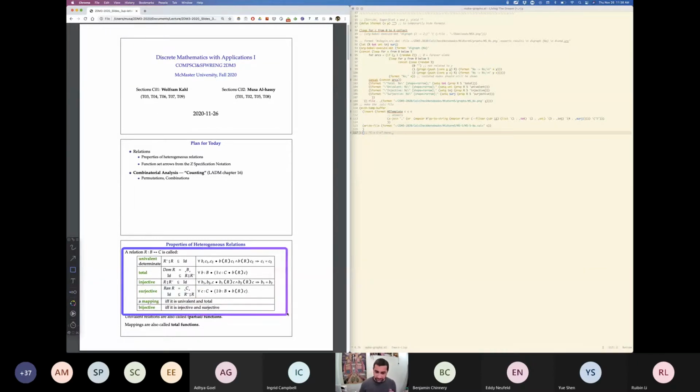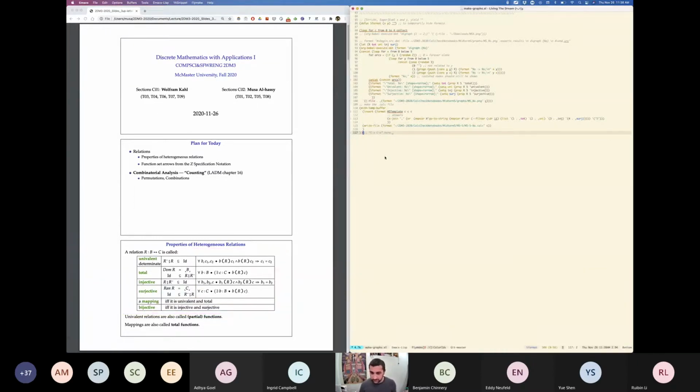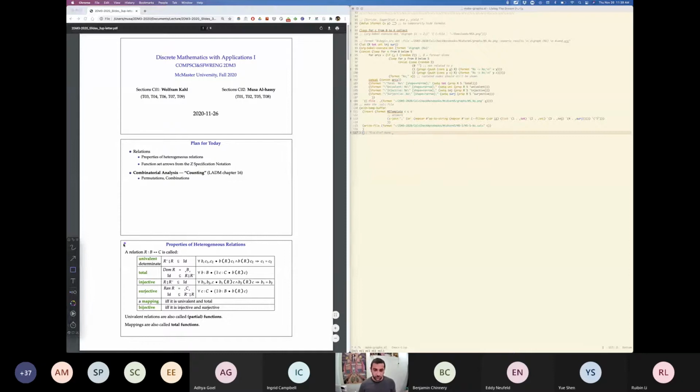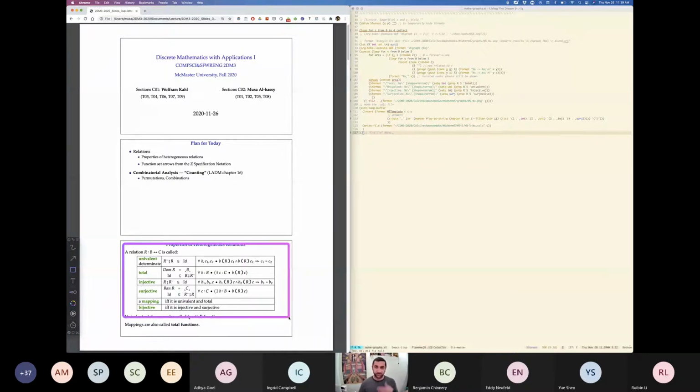The graphs will be related to this box, so hopefully not too difficult. If you are still not comfortable with what these words mean, please ask. Please make use of course help. It is important to know what these words mean, not just for this class, but really going forward. Univalent and total are the most important to know.